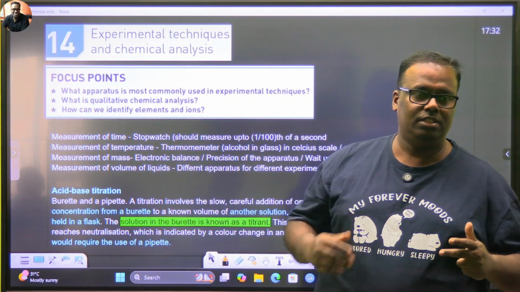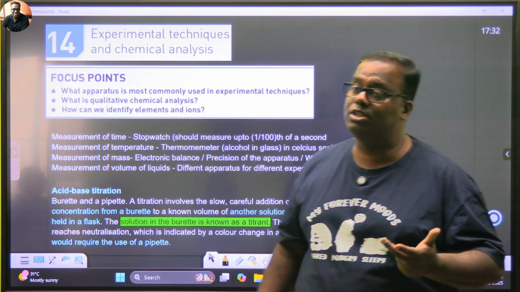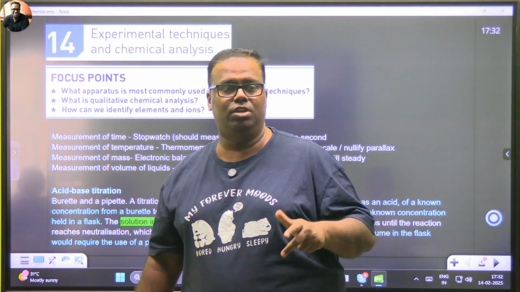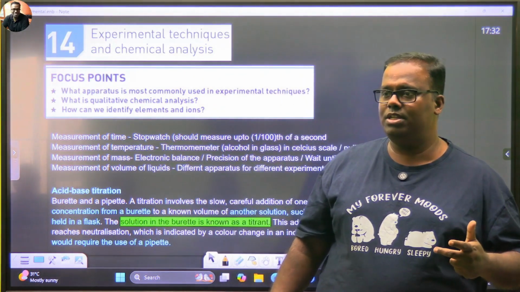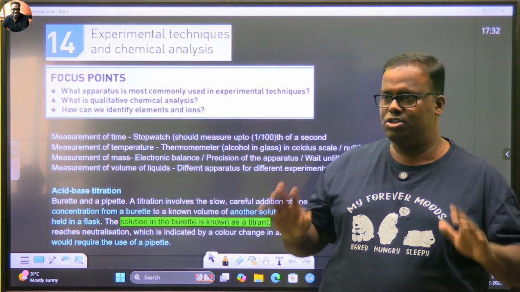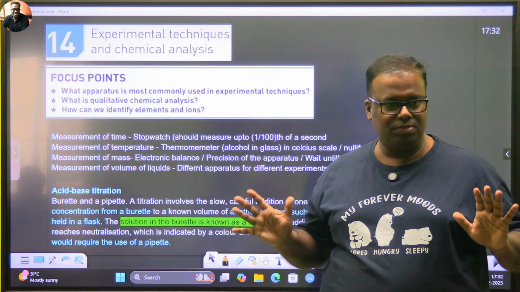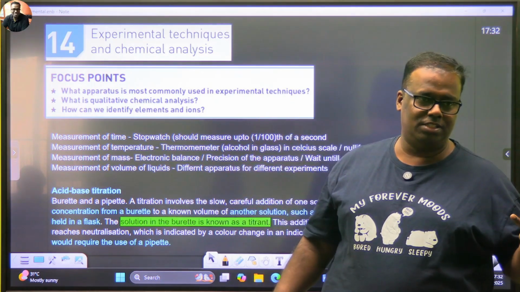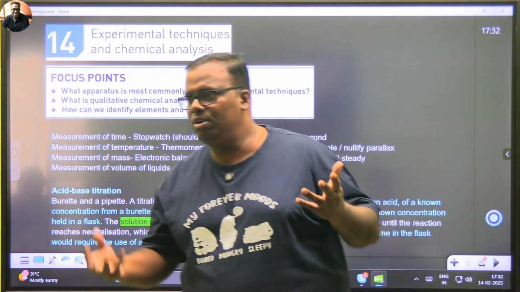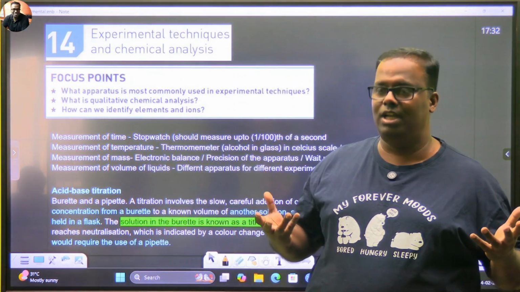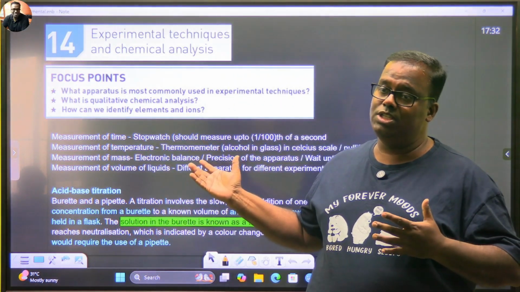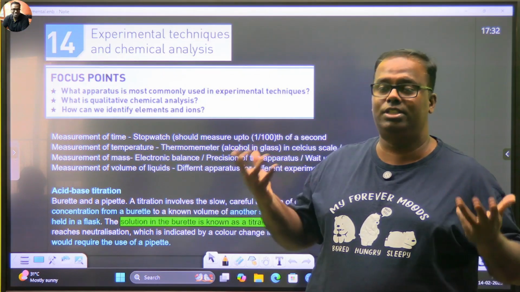And after that, the third portion, which is the most important and the portion which you will get most confused by, is the qualitative analysis part. See, in chemistry we have got two parts: quantitative analysis and qualitative analysis. Quantitative analysis is when you are dealing with numbers, the chapter of stoichiometry. This chapter will be concentrating on qualitative analysis.